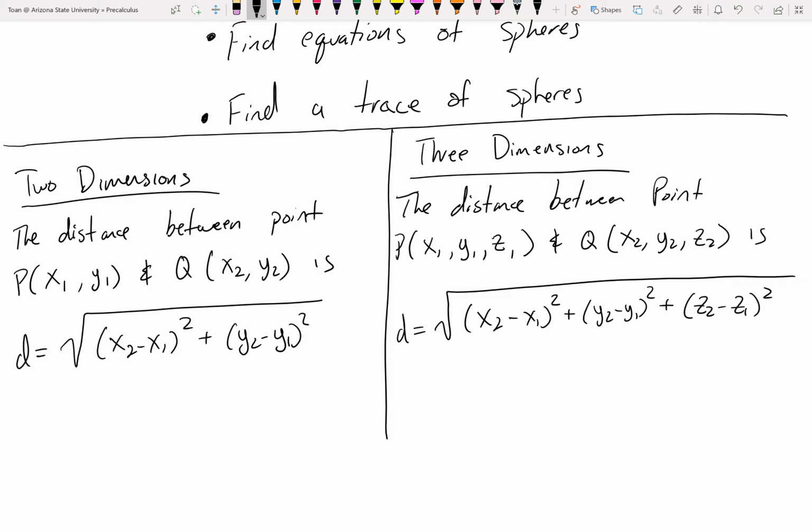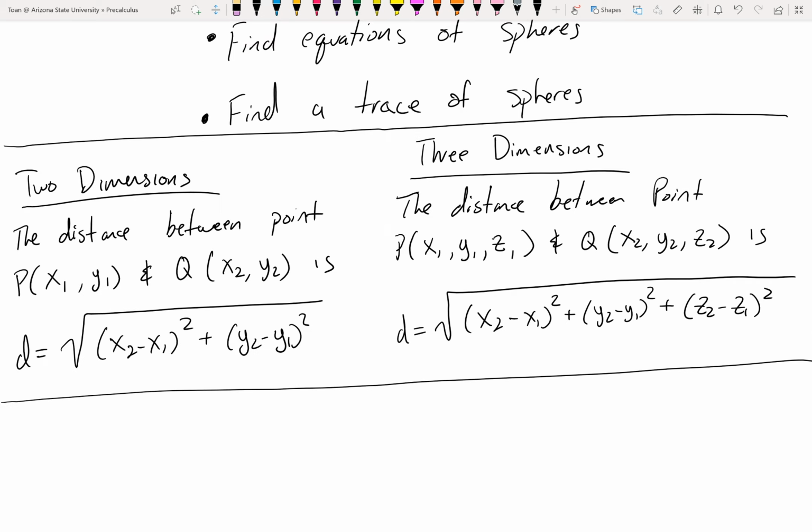So you can see that we don't really have to augment our formulas too much, because it's just an extension of the Pythagorean theorem in 2 space.